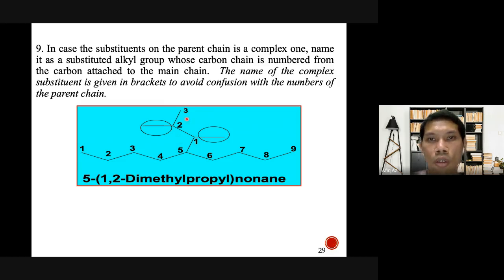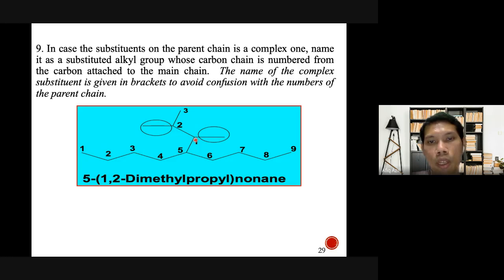What you have to do is give the name of the complex substituent in brackets, to avoid confusion with the numbers of the parent chain. So first write the number of the substituent. Here it is at carbon number 5. Then you put a hyphen, put a bracket, and do the same thing for the substituent itself.